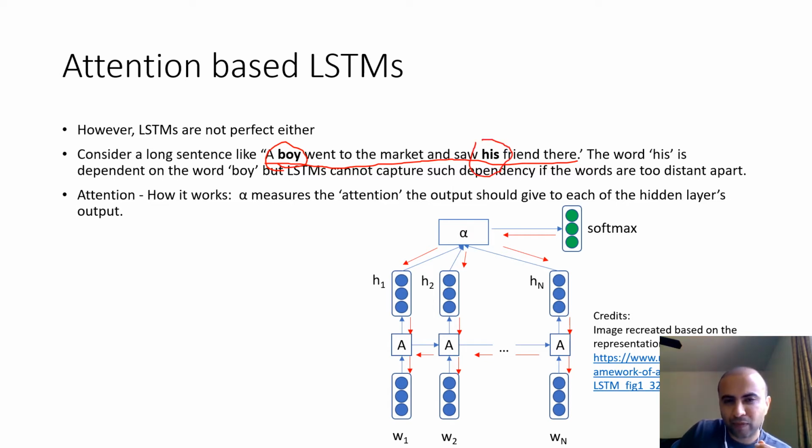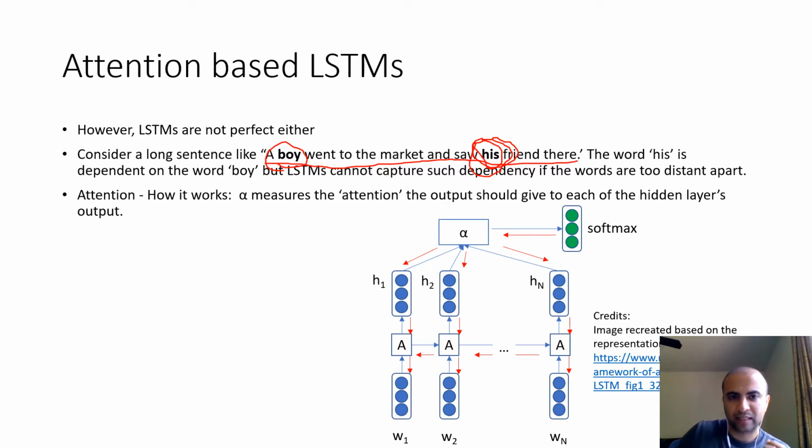If it was a regular feed forward neural network, the information about boy may not be fully passed on by the time the neural network is processing this word.